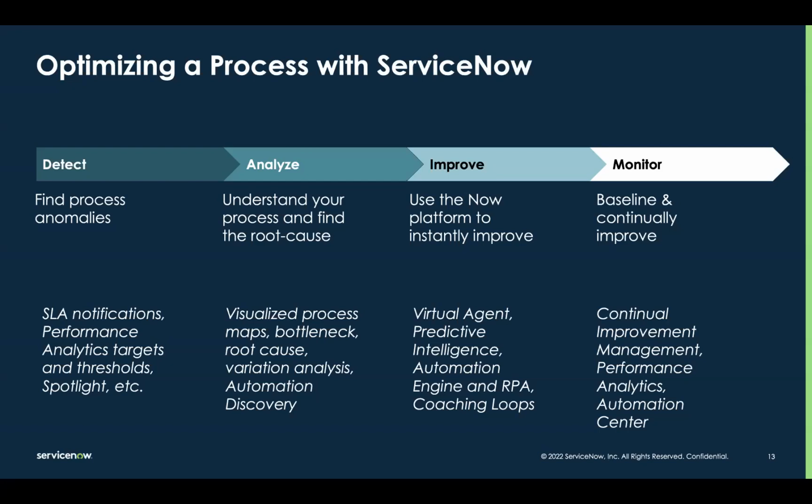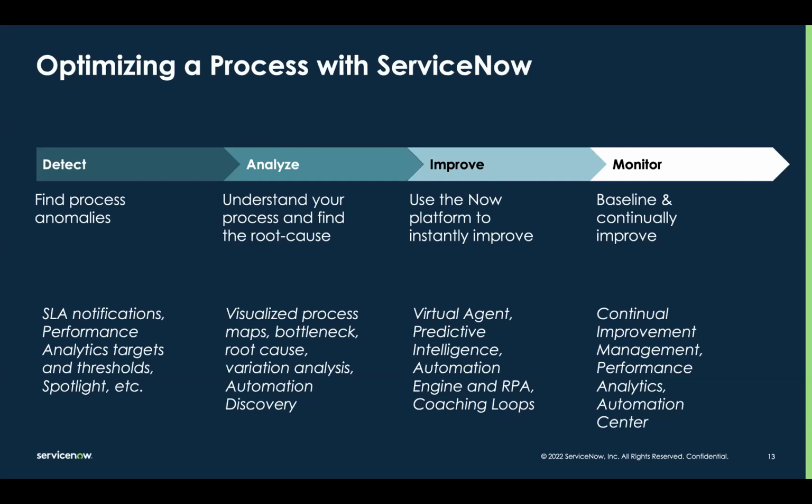Now, once you use process optimization to help you identify where and how to improve your processes, you move to that improve stage, which is what the platform is all about, whether it's automating decisions with predictive intelligence, like how to triage and route a ticket, or improving an intake experience with the virtual agent, or maybe process optimization identified some manual steps as part of a process that you want to automate away with automation engine and our robotic process automation solution that we now have on the platform.